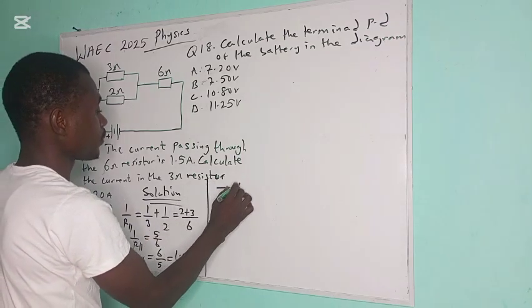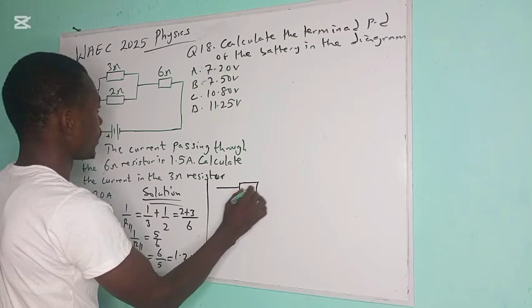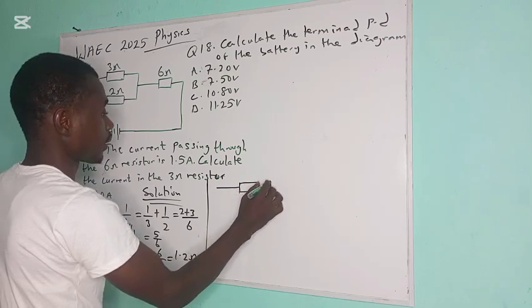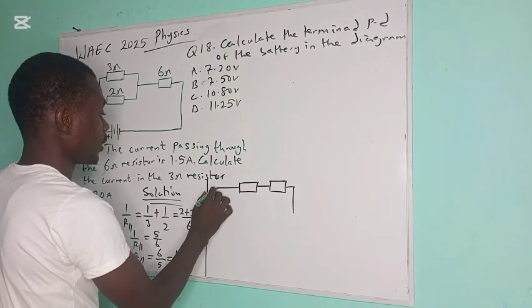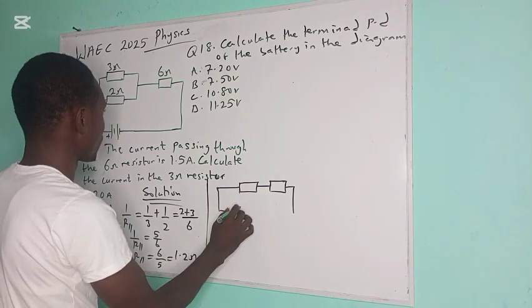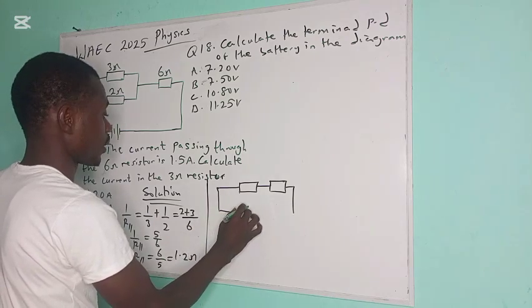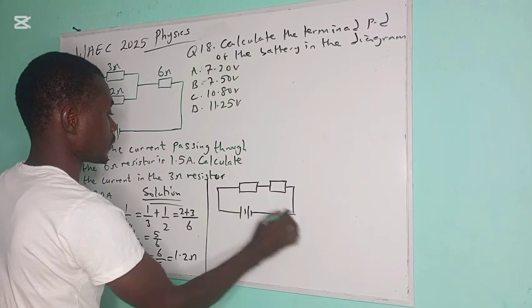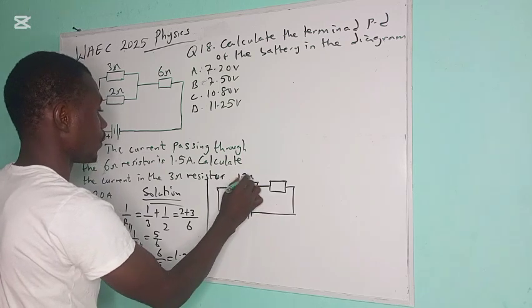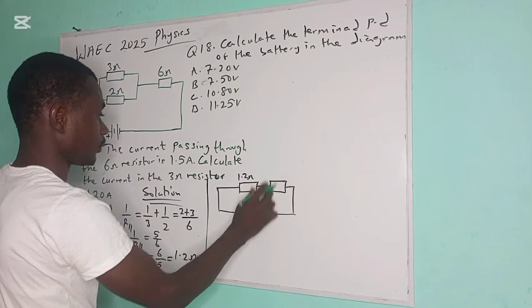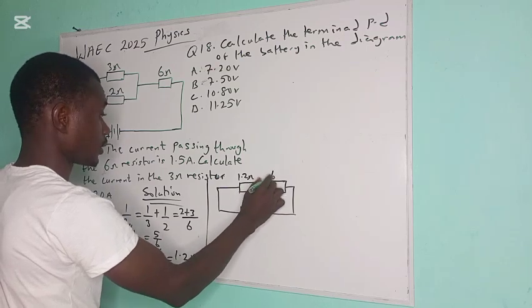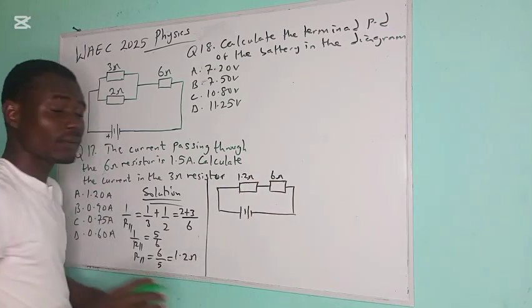All right, so the circuit will now be reduced to this: 1.2 ohms and then 6 ohms. What are we finding?